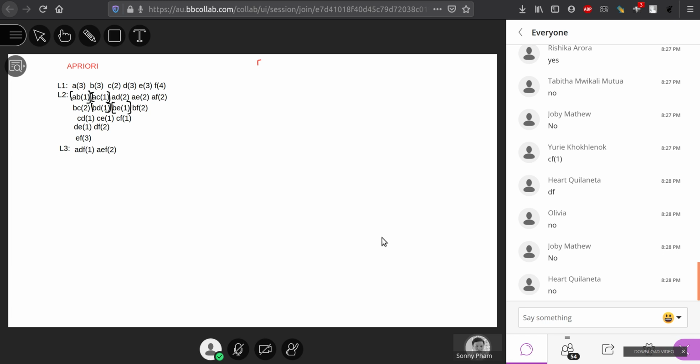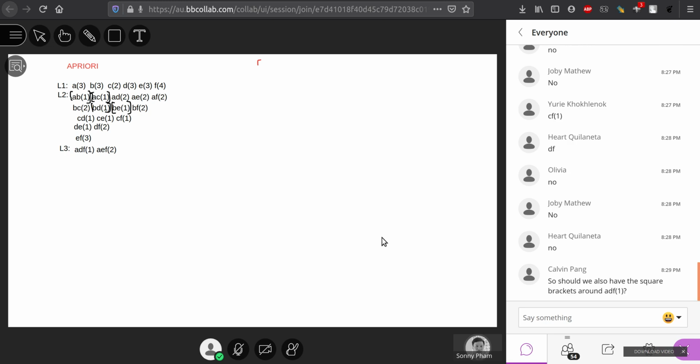The point that I'm trying to show you here is how much search space the Apriori algorithm has reduced. Before, you possibly had to enumerate lots and lots of possibilities, but now it's only 2, which means this algorithm is very powerful, right?